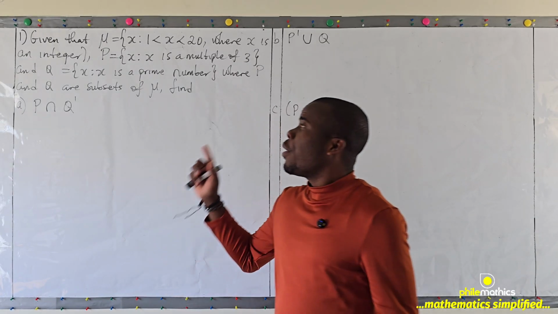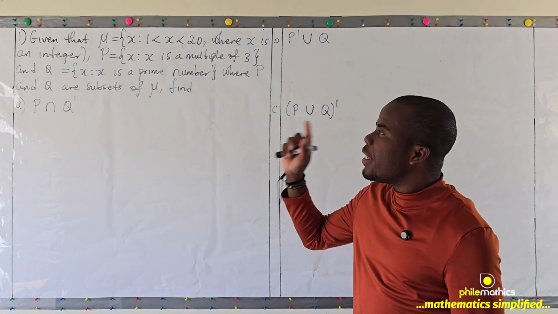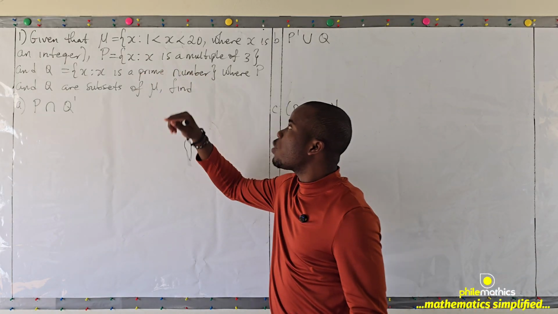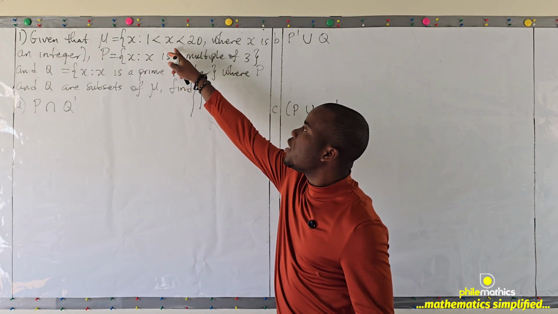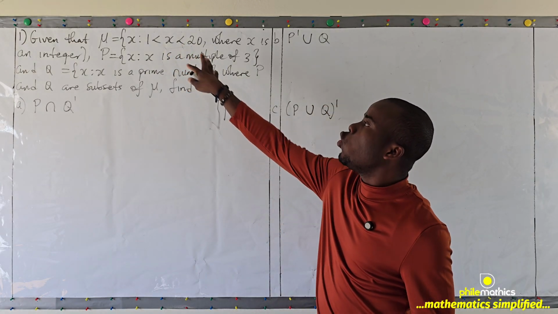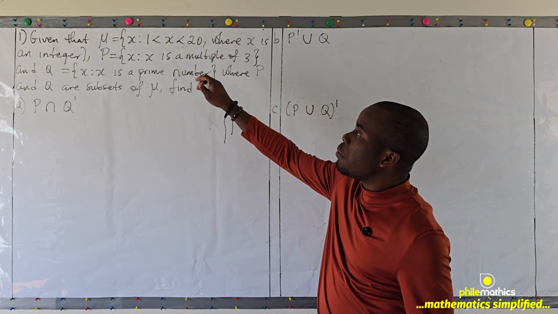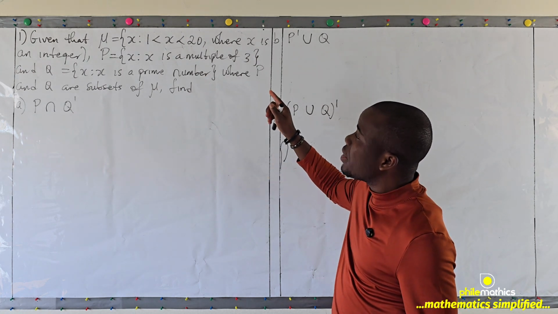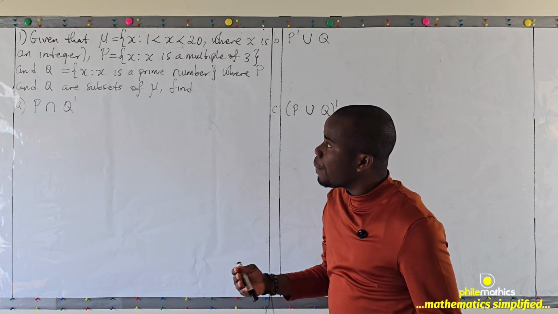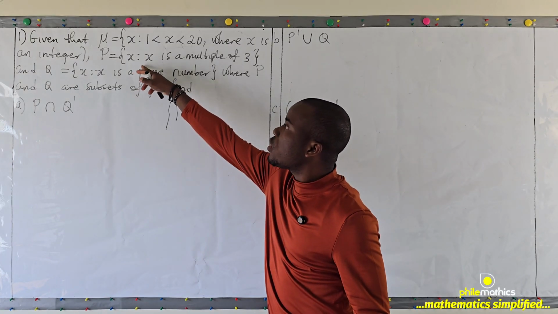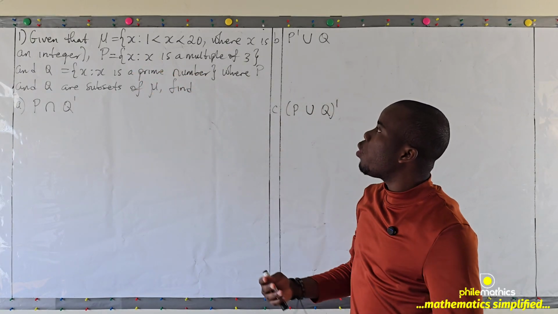Watch. Question 1 says, given that mu is the set of x such that x is between 1 and 20 exclusive, that means 1 and 20 are not part of x, where x is an integer, and p is x such that x is a multiple of 3.